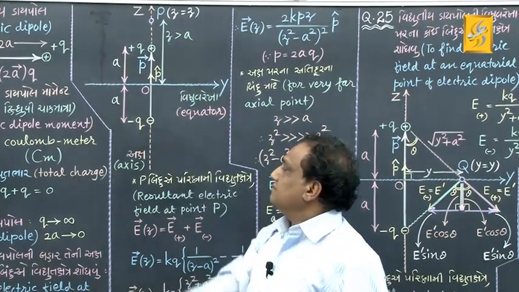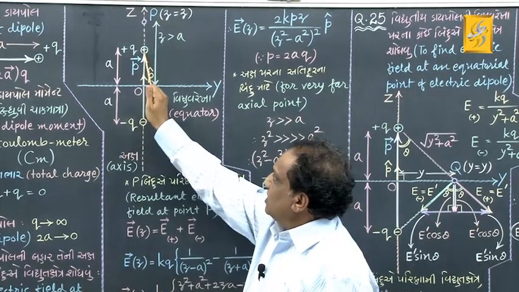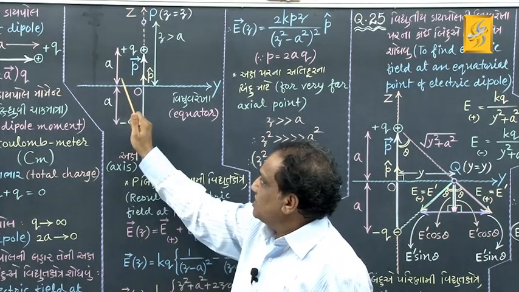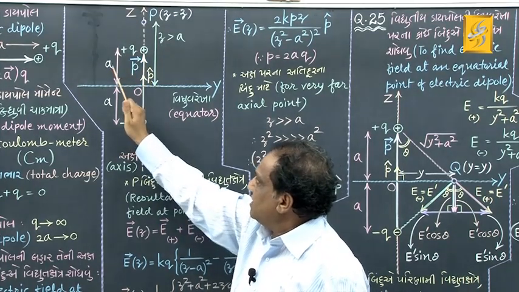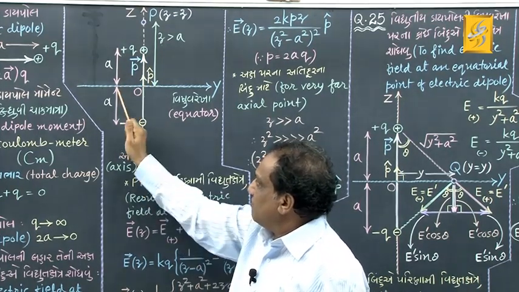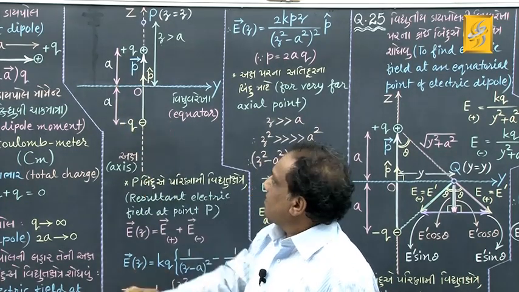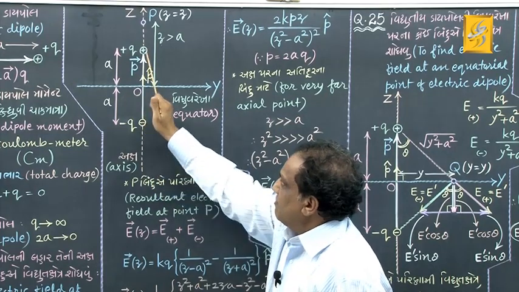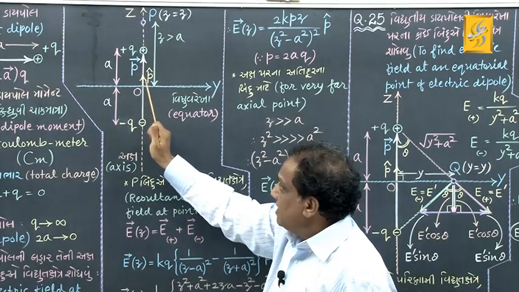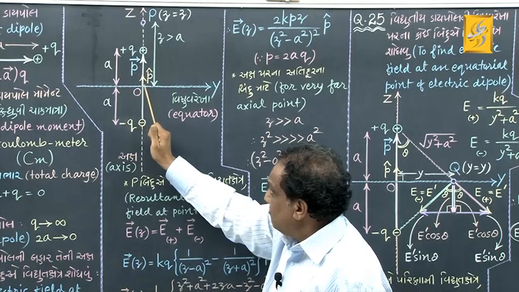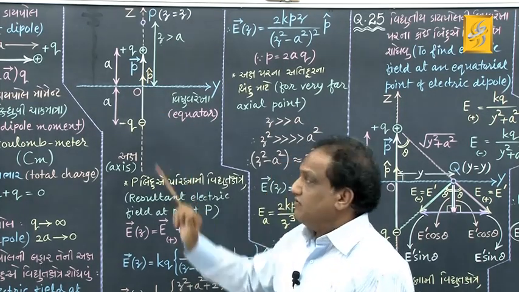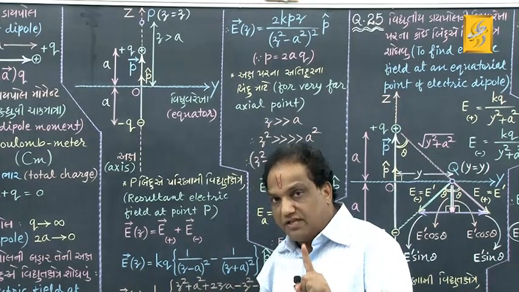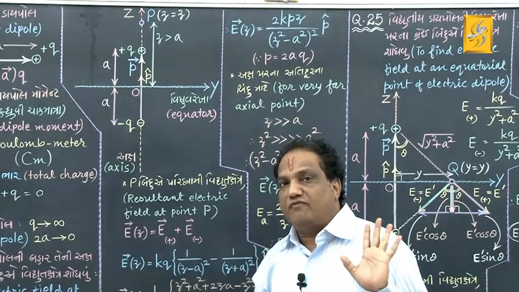The distance between these two charges is 2a, so the distance of either charge from the midpoint is a. In this direction there is the dipole moment vector p. In the same direction I define one unit vector, p hat, which is the unit vector in the direction of the electric dipole moment vector.